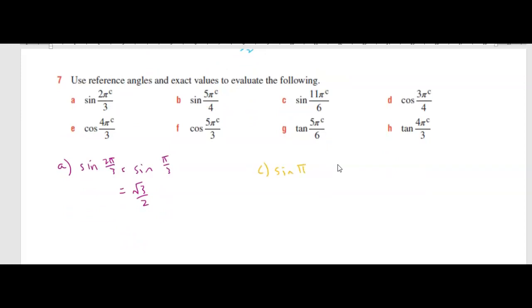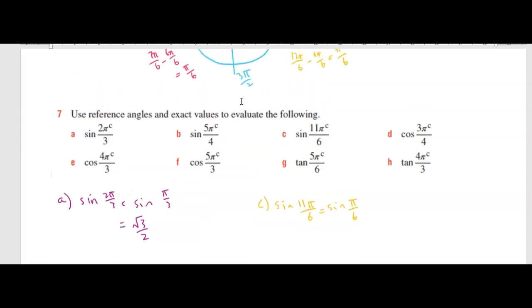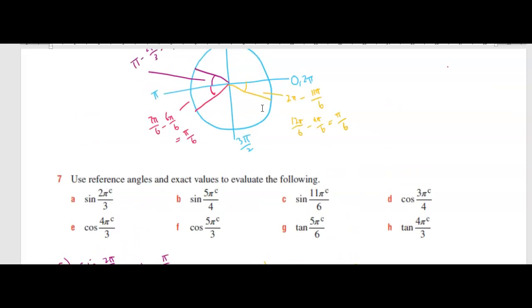Sine 11 pi. Oh my gosh, I did it again. So used to writing pi, okay. Sine 11 pi on 6 is the same as sine pi on 6. Now, if we go to our quadrants, 11 pi on 6 is in our fourth quadrant where sine is negative.